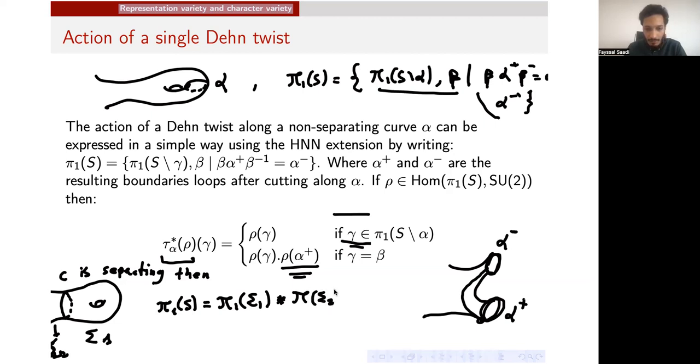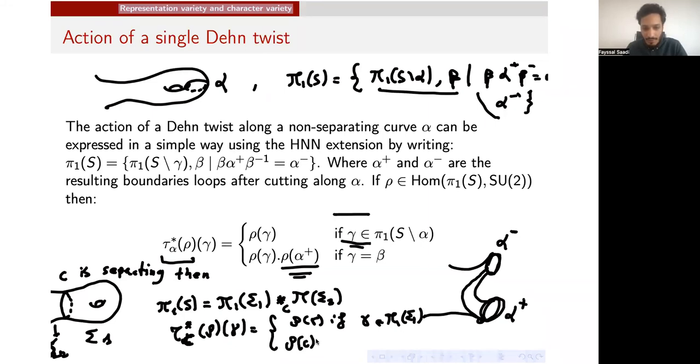We write it as an amalgamated product with the only relation that C1 in the pi1 of sigma 1 is equal to C2 in the pi1 of sigma 2. And tau of C applied to rho applied to gamma is equal to rho of gamma if gamma is in the pi1 of sigma 1, and it is just a conjugation by rho of C if gamma is in the pi1 of sigma 2.